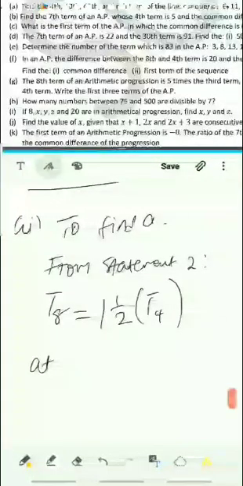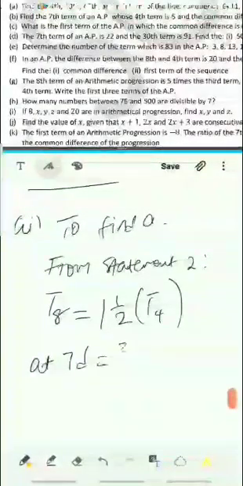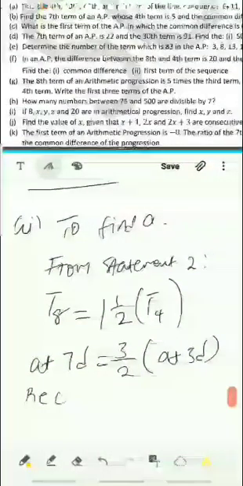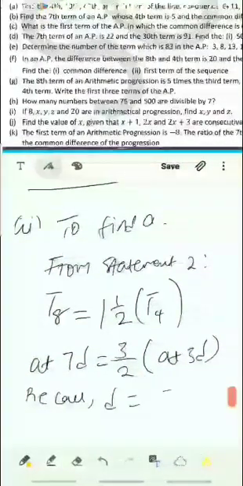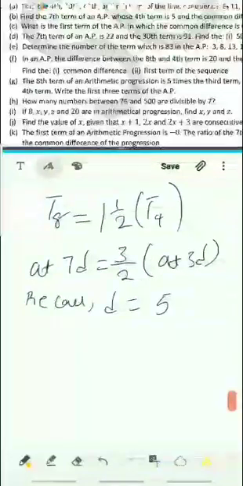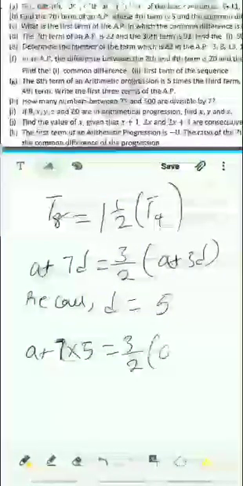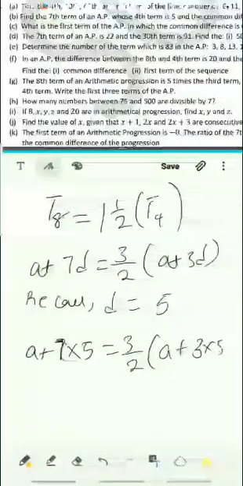So it means A plus 7D is equal to 3 over 2 times A plus 3D. Recall, don't forget your D is equal to 5. That's what we just got. So you substitute 5 into this equation. We have A plus 7 times 5, D is 5, equals 3 over 2 into bracket A plus 3 times 5, because D is 5.